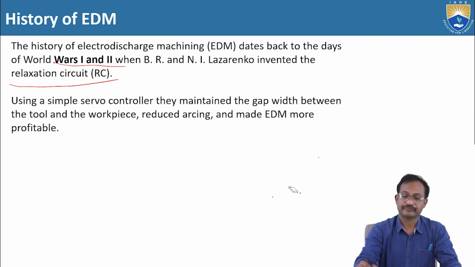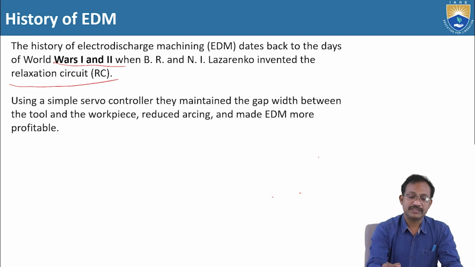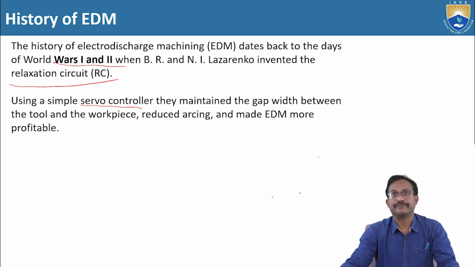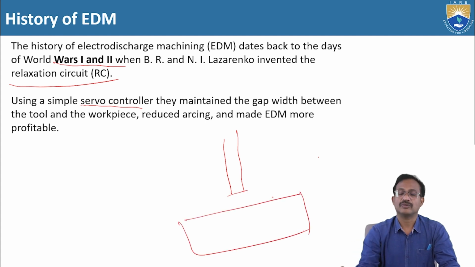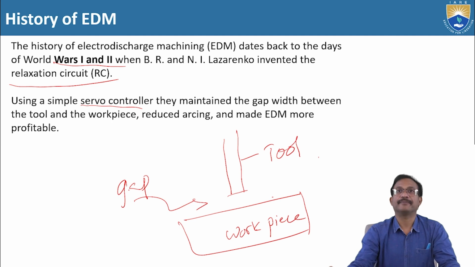Now for this electrodischarge machining, we are using servo control mechanism in order to maintain the gap between the tool and the workpiece. So this is tool, this is workpiece, this is gap.